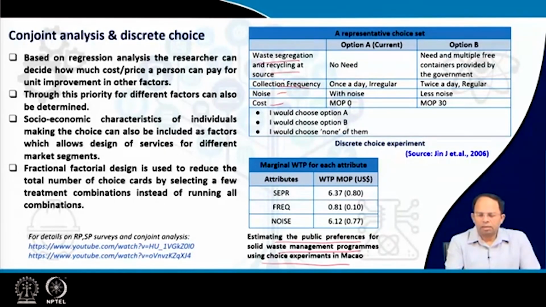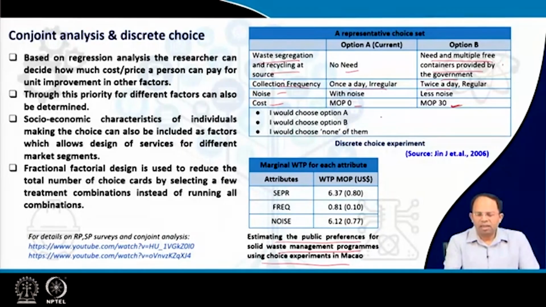Over here the cost levels are given as 0, that is free, and the other is given as 30. Whereas frequency is once a day irregular; in the case where you are charging 30, you are giving twice a day regular. No waste segregation is required in option A. Waste bins and multiple free containers are provided by the government for facilitating waste segregation. This is option B. So which would you choose?